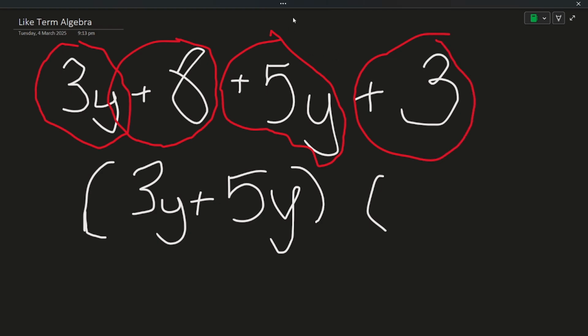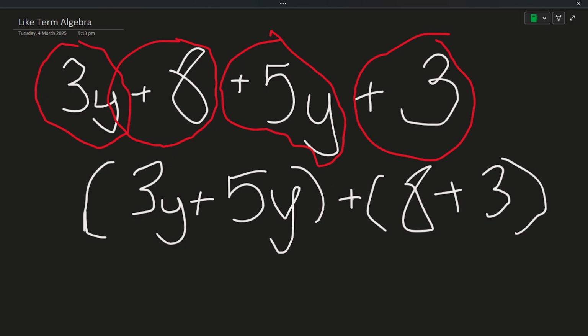Actually, it shouldn't be similar, it should be the exact same thing basically. The numerals are just by themselves, the constants are by themselves. You just group up all the constants in any equation, and there you have it. 3y plus 5y, and we'll just put a plus sign there, because we know that's a positive.